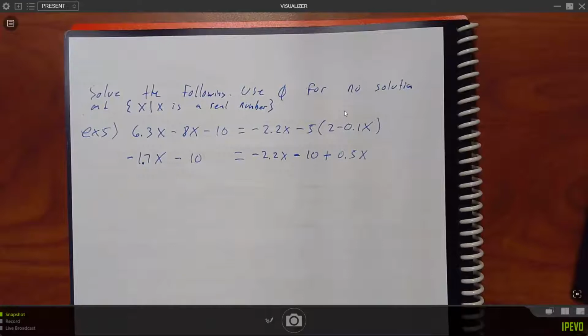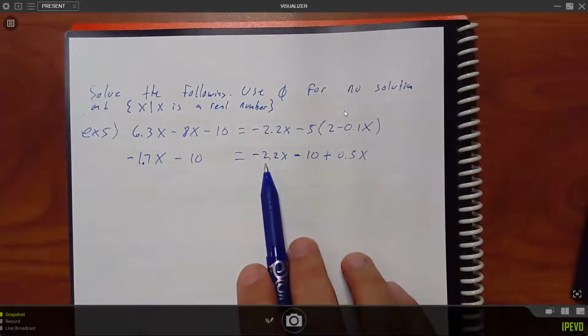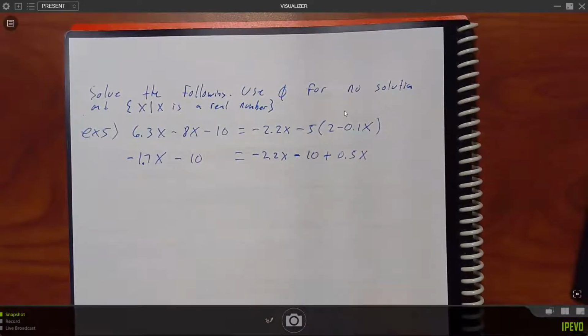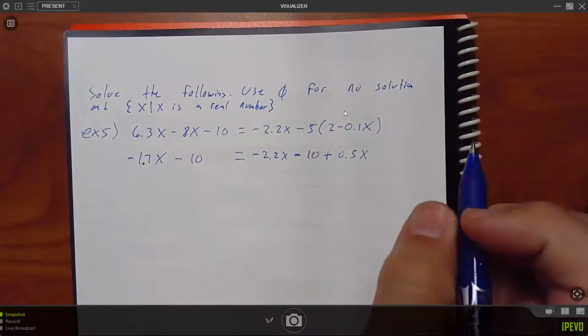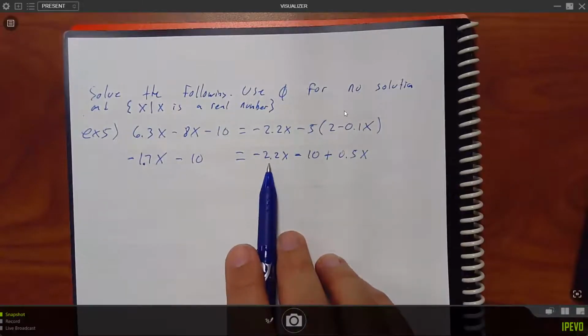So combine your like terms. You got negative 2.2 plus 0.5. What is that going to be? It's the other direction.